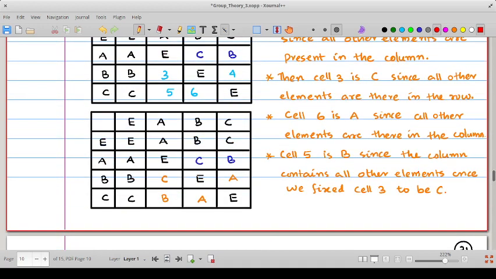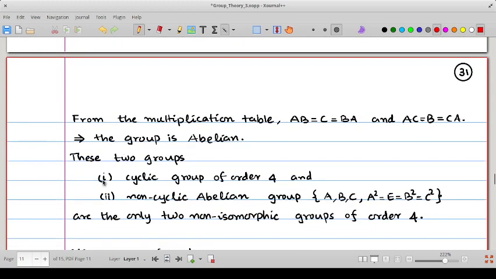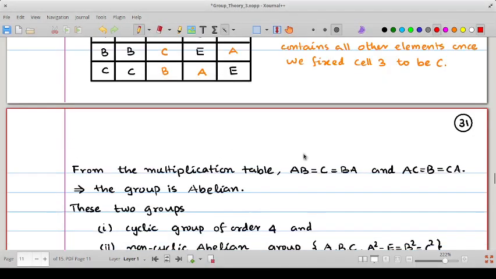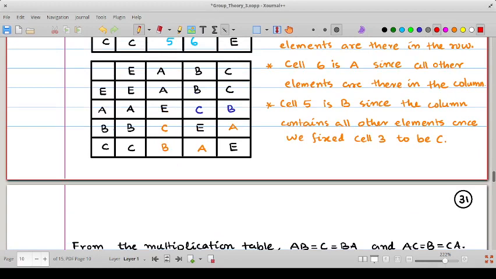Now, looking at the group multiplication table, we have the following property.